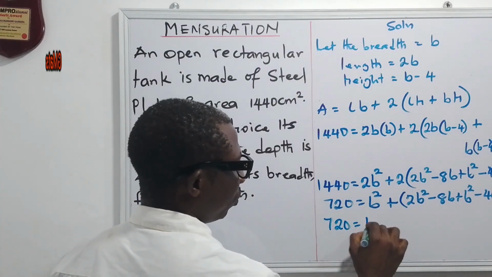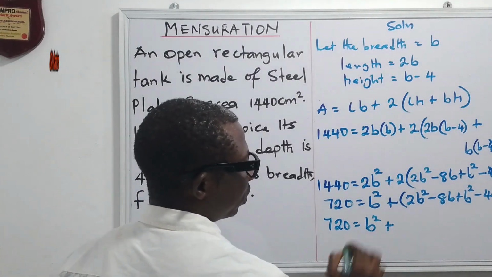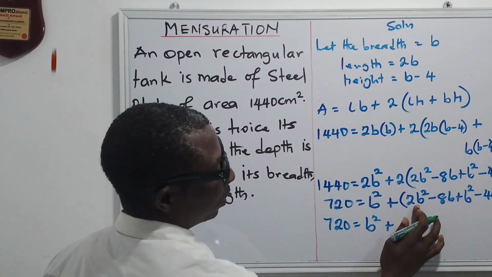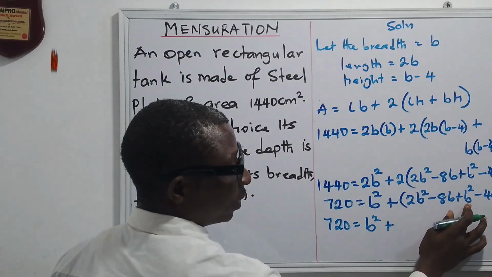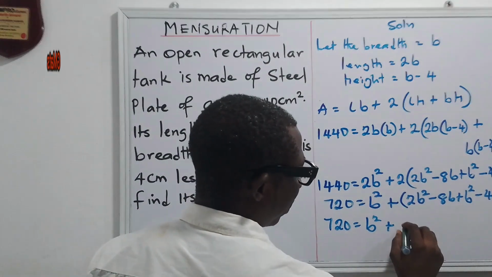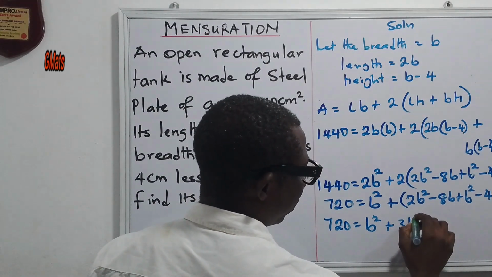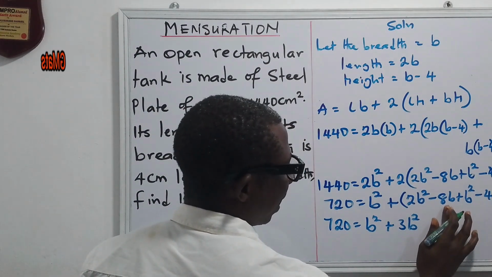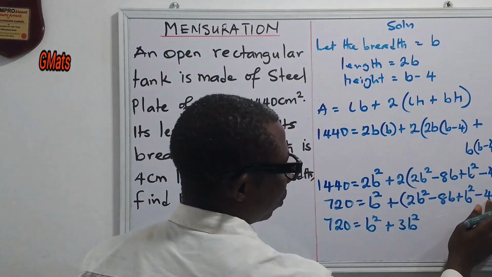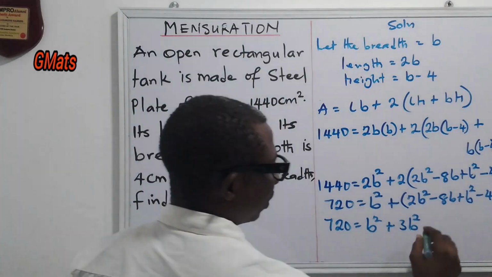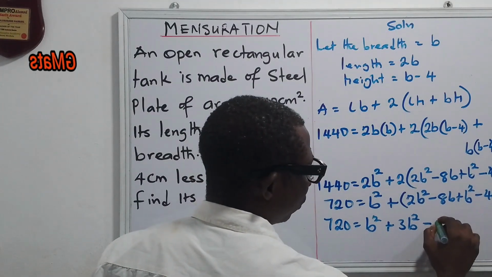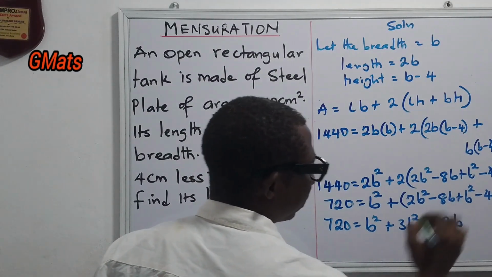So we have 720 equals B squared plus, now let's tidy up this. We have 2B squared plus 1B squared making 3B squared. Right, so you can add this and this together. When you add the B terms together, you have negative 12B.